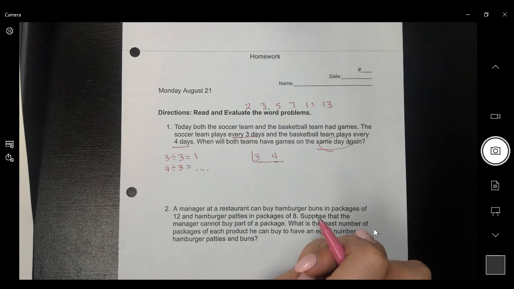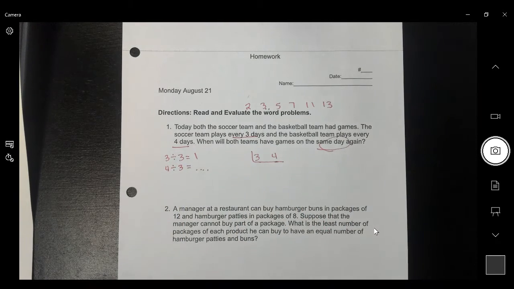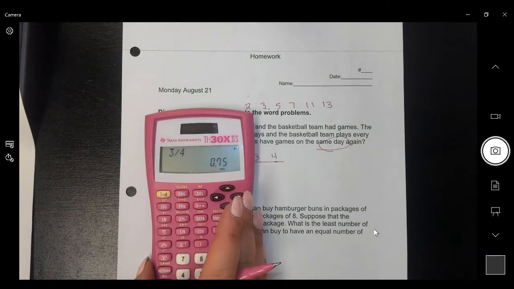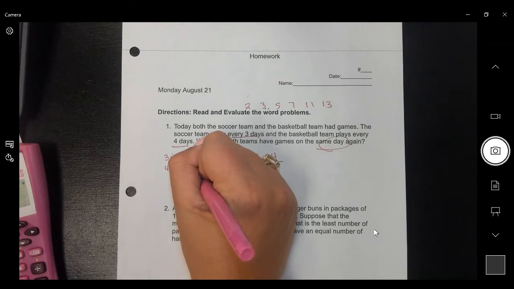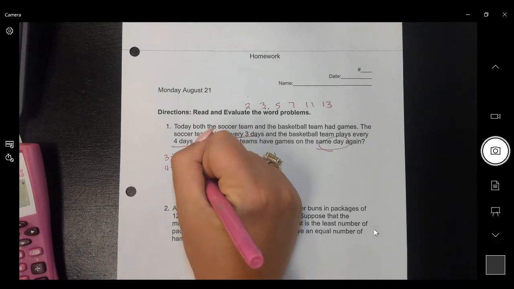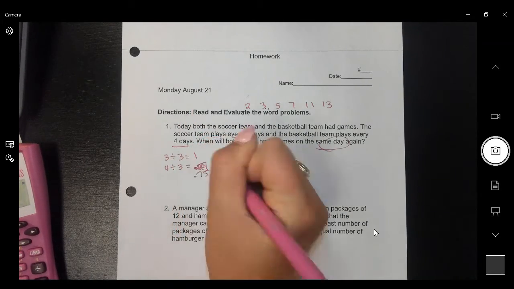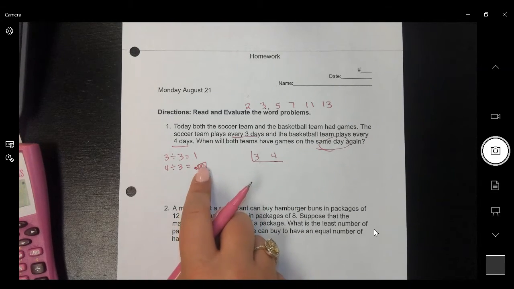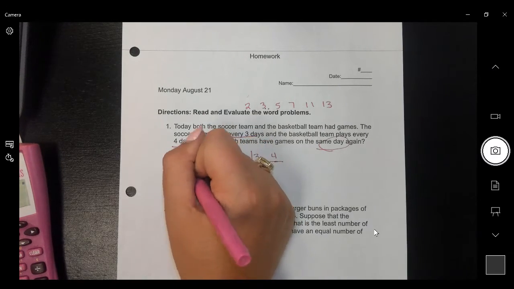I don't really know exactly what it is, but we can put it in the calculator to find out real fast. Oh, I know what it is. It's 1.33, 75 hundredths. This isn't even a whole number. So they're not whole numbers, so we can't use it, so 3 won't work.